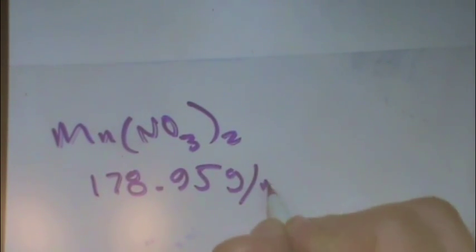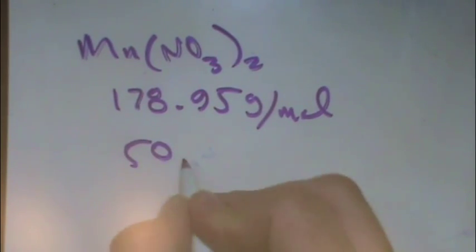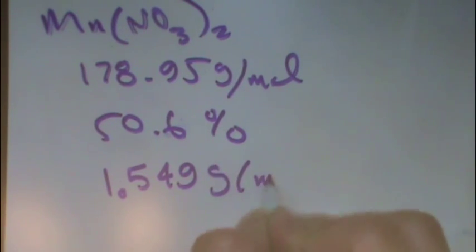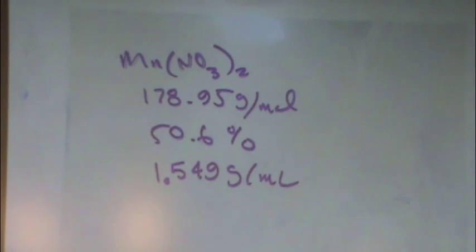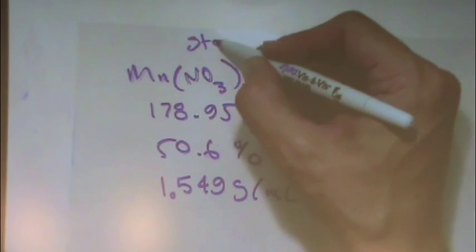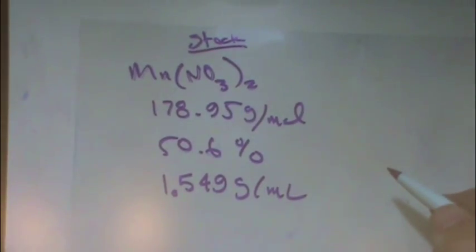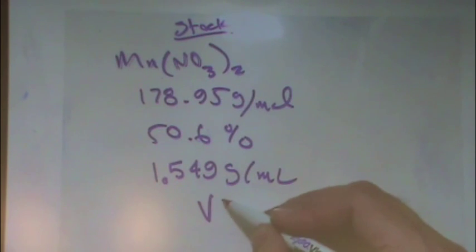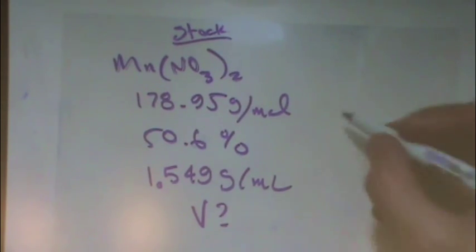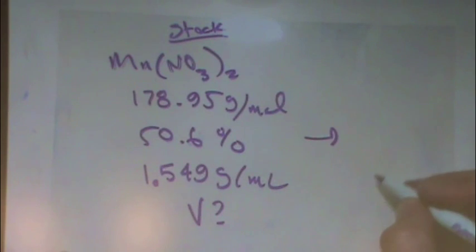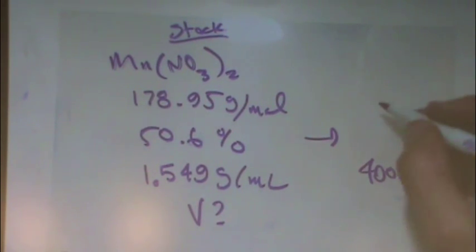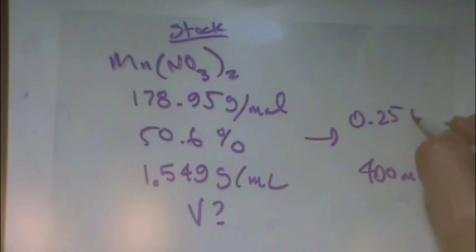It even gives me the molar mass, 178.95 grams per mole. I know that this is 50.6% by mass. I know the density is 1.549 grams per milliliter. Okay, so what volume of stock solution, that's the stock. This is stock, that means what you buy or what you get from the stock room. What volume of stock solution is needed to make 400 milliliters of 0.25 molar solution.